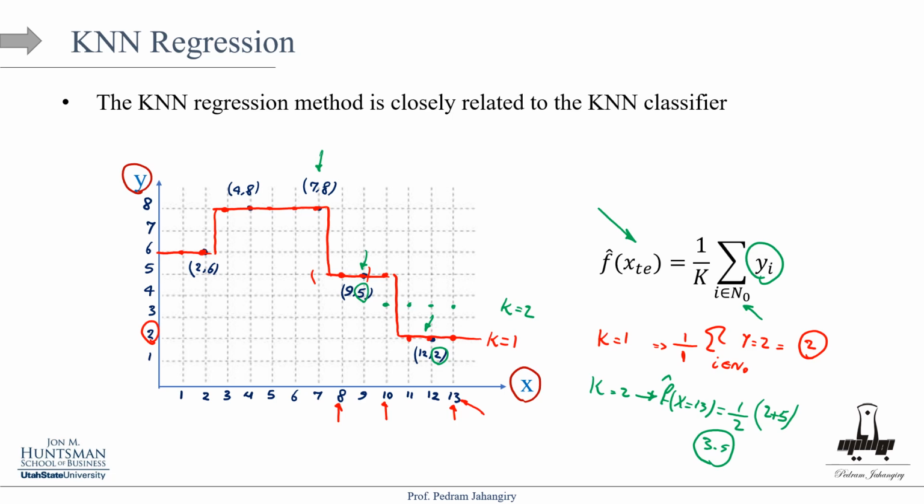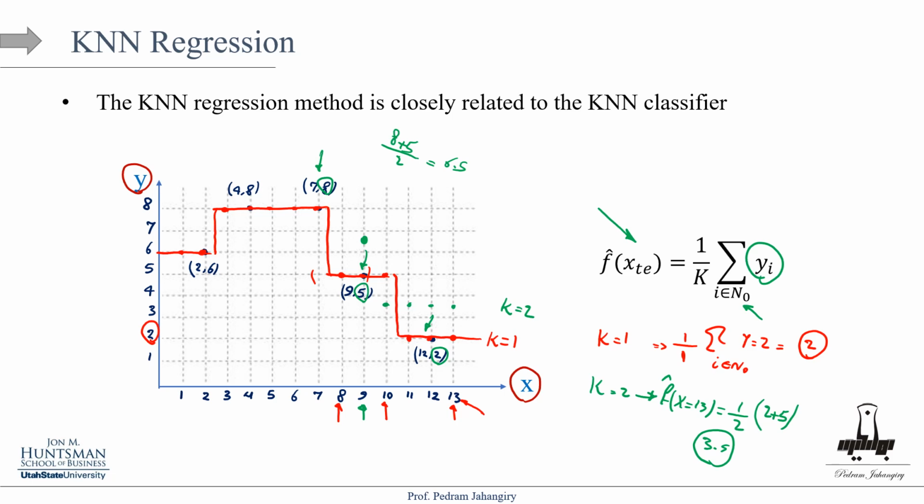If I go 2 from the right, okay, so the prediction is going to be 5 plus 8 divided by 2, right? So we get 6.5. So here, if x is equal to 9, we get, let's say, 6.5, right?